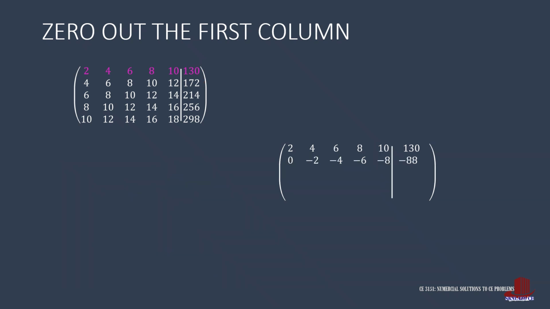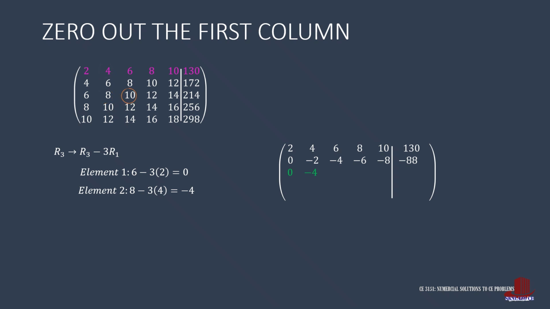The next element to zero out is 6 from the third row. The operation is R3 minus thrice of R1. The equation then transforms the first element as 6 minus 3 times 2, giving 0. The second element has 8 minus 3 times of 4, which gives negative 4.